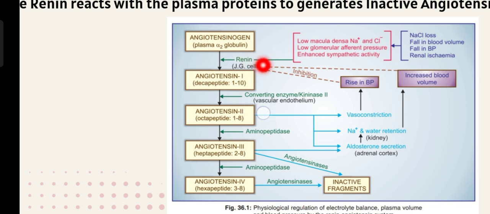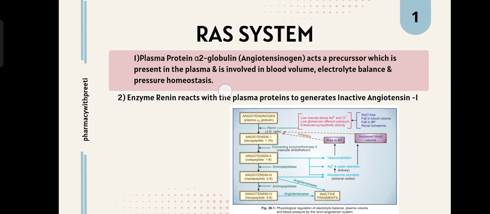This renin is an enzyme which reacts with angiotensinogen, an alpha 2 globulin protein found in the blood plasma, which acts as a precursor for increasing the blood pressure, blood volume and the electrolyte balance.